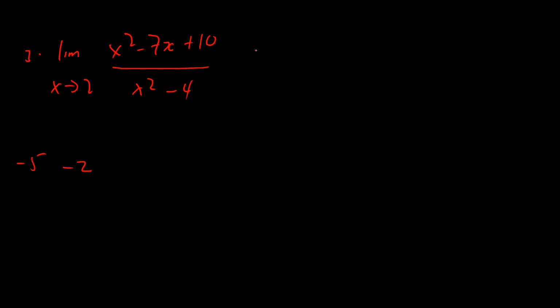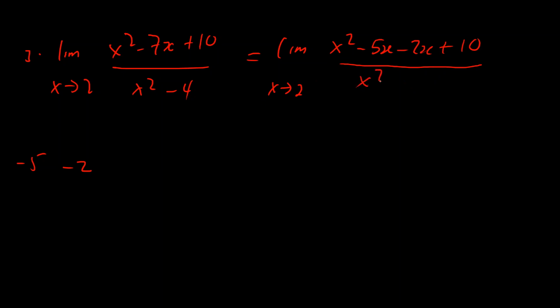So now we are going to have this equals the limit as x approaches 2 of the function x squared minus 5x minus 2x plus 10 all over, this can also be rewritten as x squared minus 2 squared. And this equals the limit as x approaches 2 of the function.